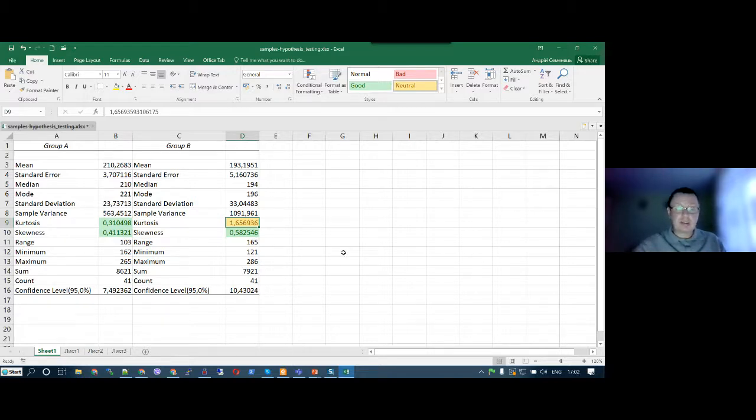So we can accept the assumption that the distributions are normal for both sample data sets.